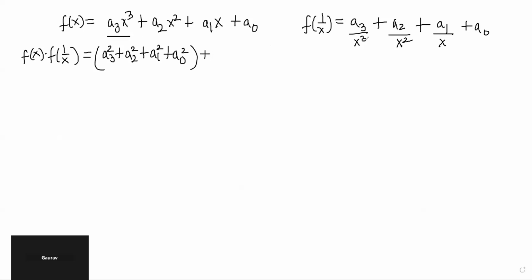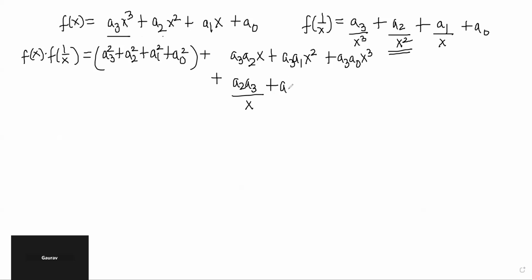And then you have this multiplied by this. So a3, a2 times x, right? Then a3, a1 x square and a3, a0 x cube, right? Plus a2 into this: a2, a3 by x plus a2, a1 x, right? And a2, a0 x square.